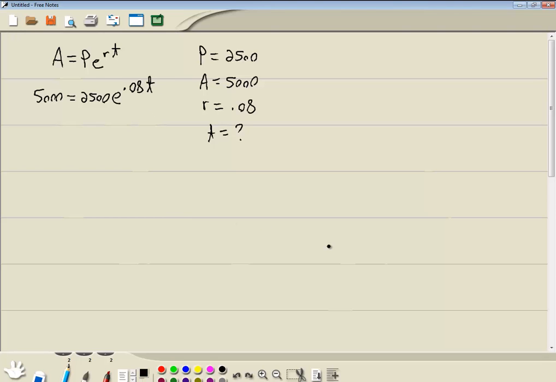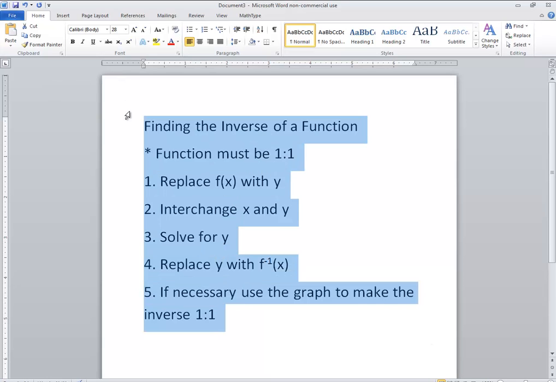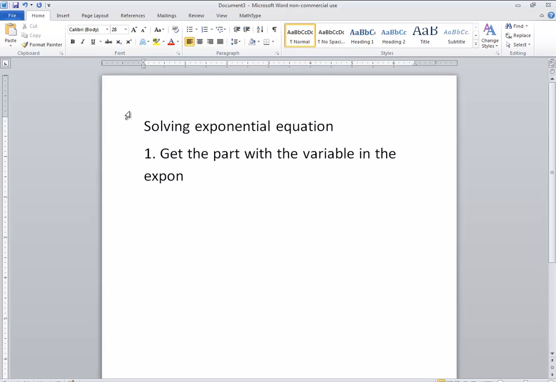Now this is an exponential equation, so let's refresh our memory on the steps for solving an exponential equation. Step 1. Get the part with the variable in the exponent by itself. No numbers in front of it, no numbers after it.